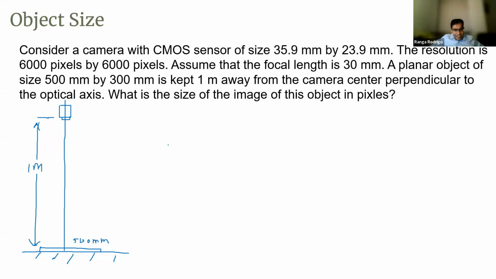So if we draw the imaging geometry here, let's say that this half of the object is 250 millimeters now. You don't have to draw it like this, okay? It works even without that.